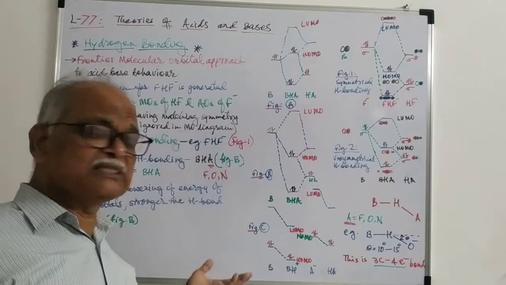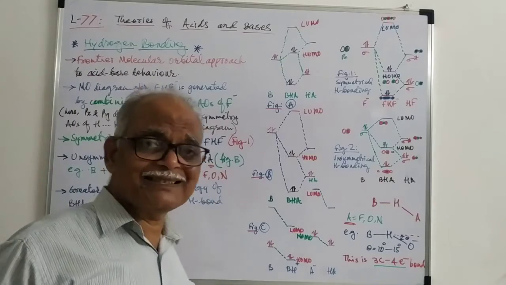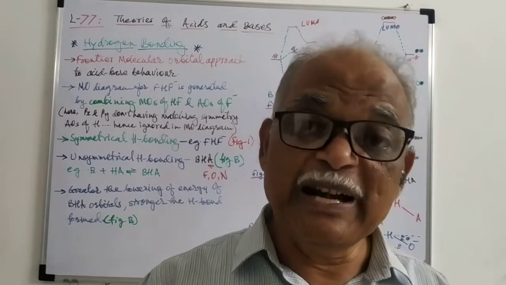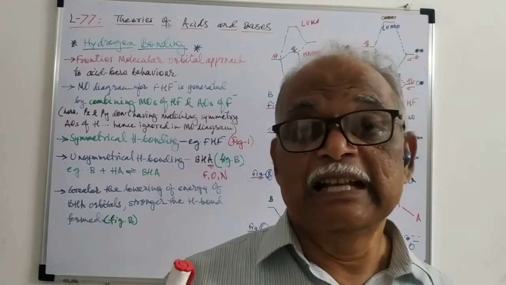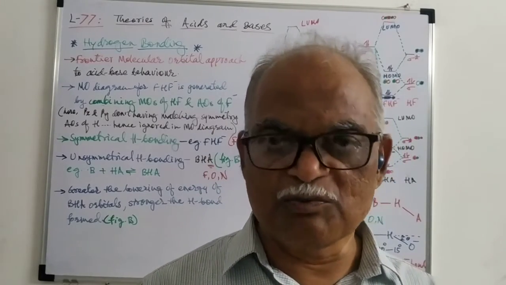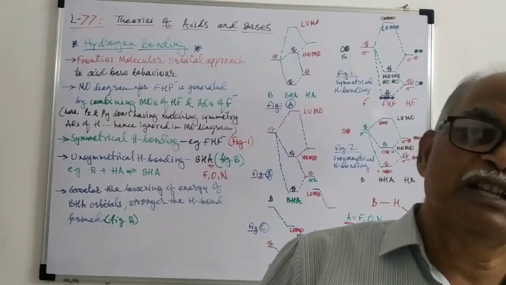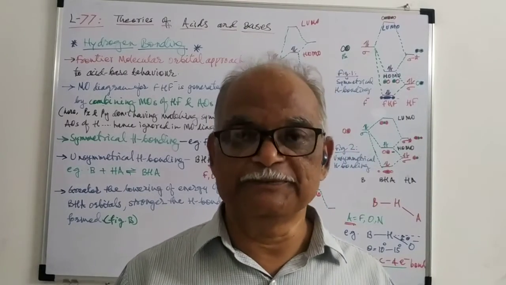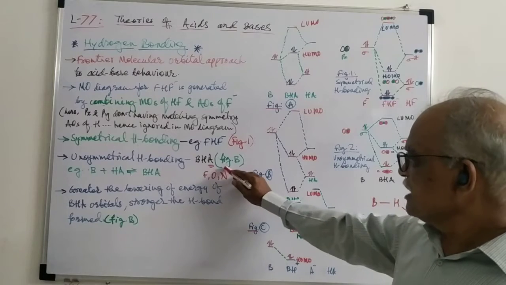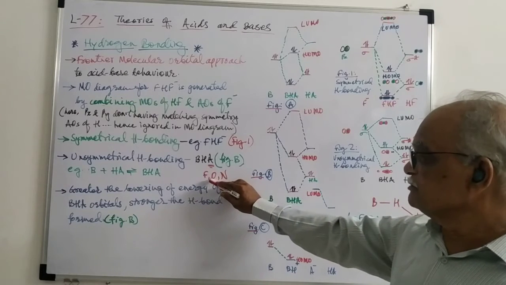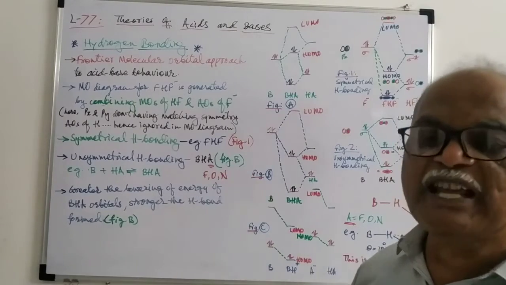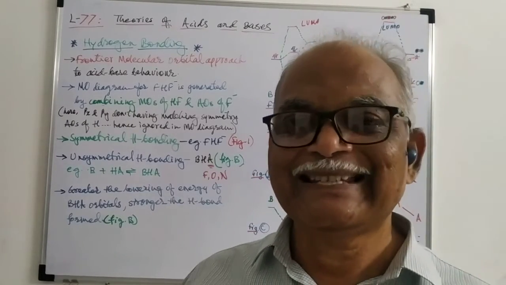So we can also consider any other less electronegative atoms, but depending upon the magnitude of electronegativity, whether it is greater or smaller, the strength of the hydrogen bond will vary. When we use A as F, that is fluorine, or oxygen or nitrogen, the strength of the hydrogen bond will be stronger.